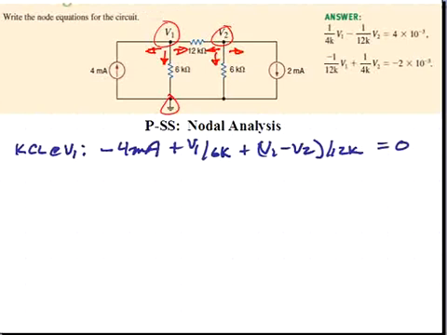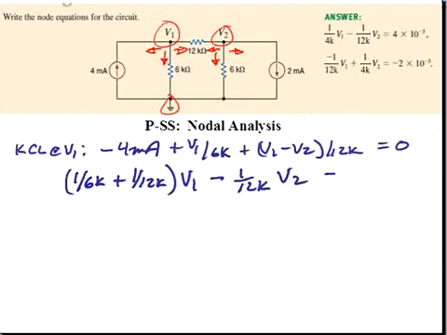So simplifying a bit, we have 1 over 6K plus 1 over 12K times V1 minus 1 over 12K times V2 is equal to 4 milliamps.